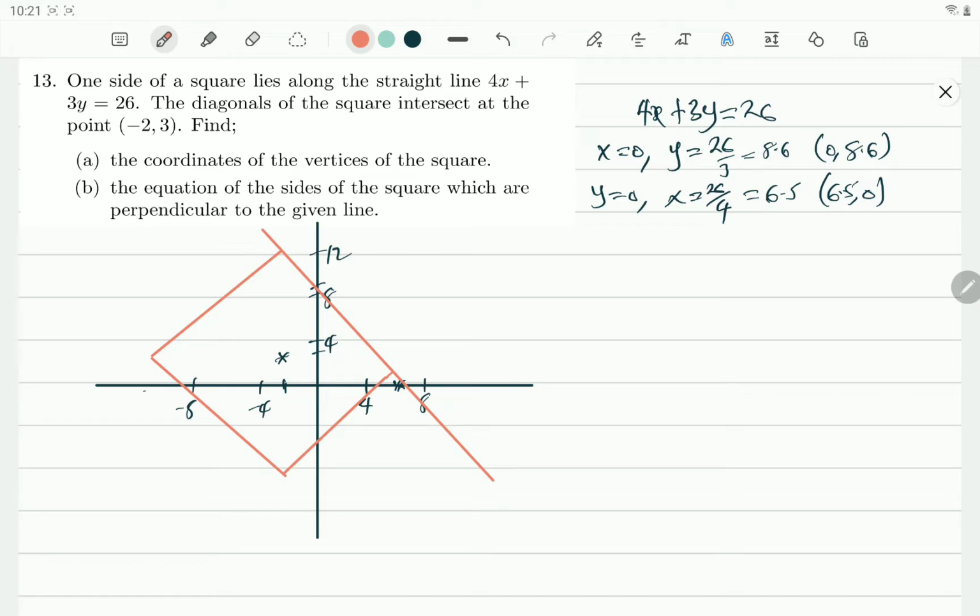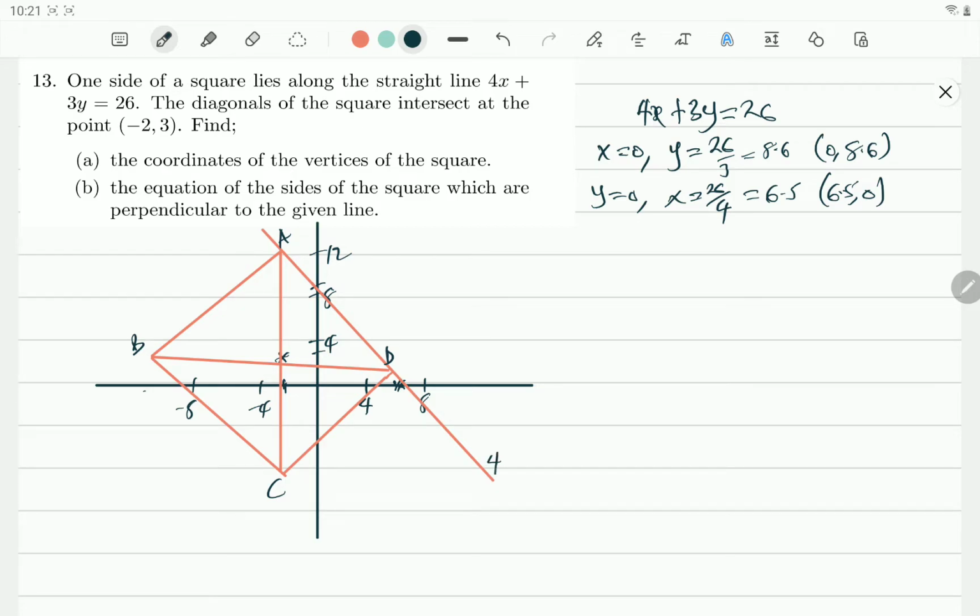So this is my square, and I'll join the diagonals, something like this, and something like this. I would want to label this square with A, B, C, and D.